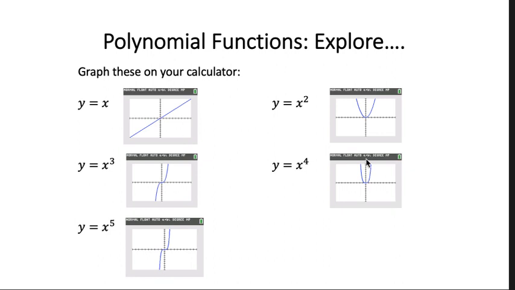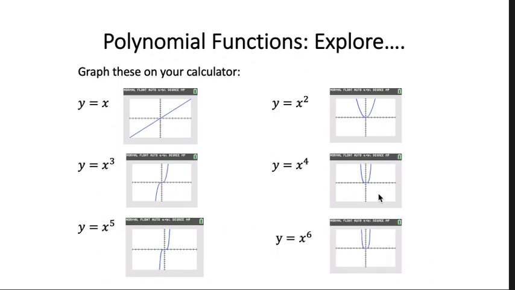You should have gotten these graphs: y equals x, y equals x cubed, y equals x to the 5th, y equals x squared, and y equals x to the 4th. Do you see a pattern here? Could you make a prediction? Don't type this in your calculator yet. Can you guess what x to the 6th is going to look like based on what's happening here?